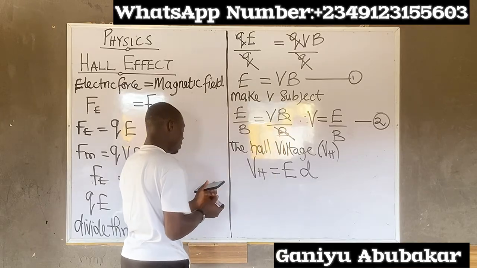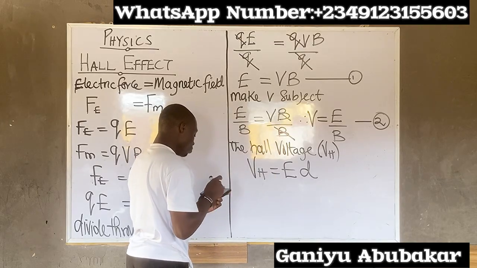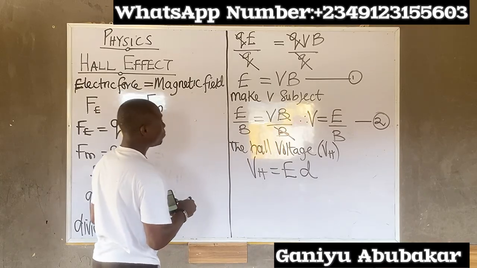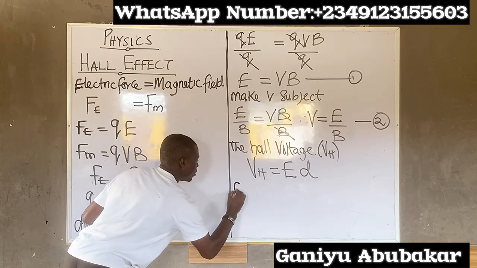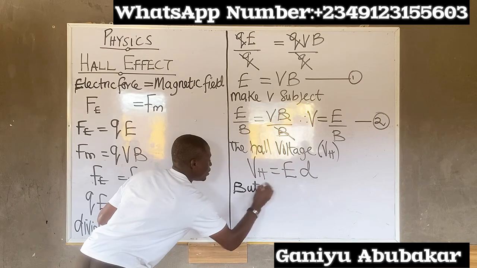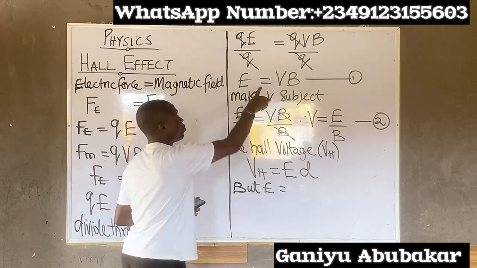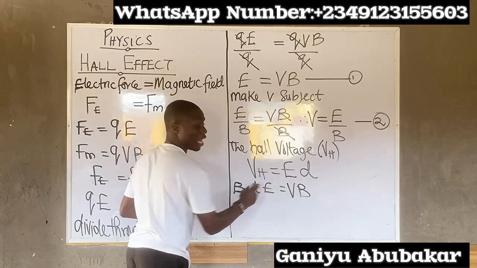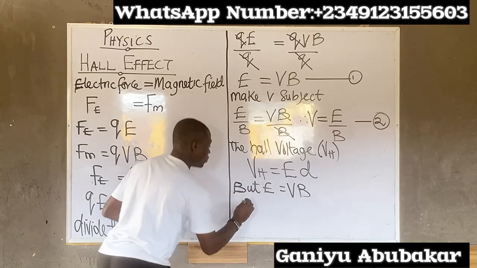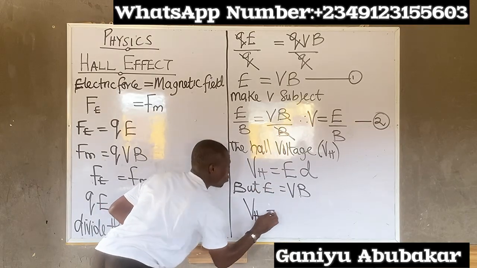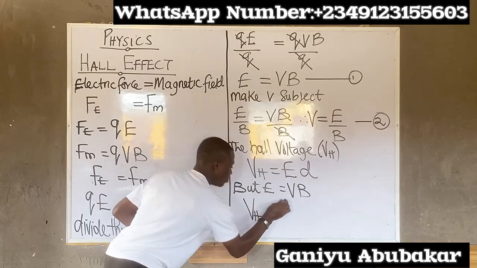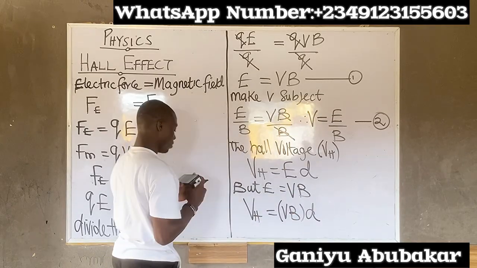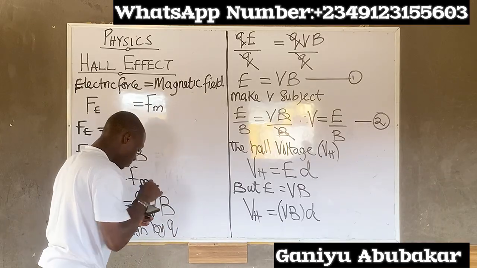Proceeding from here, we said this capital E is equal to VB. Anywhere I see E, I'll put VB. So I have VH equal to E, which is VB, in brackets, then I have d.